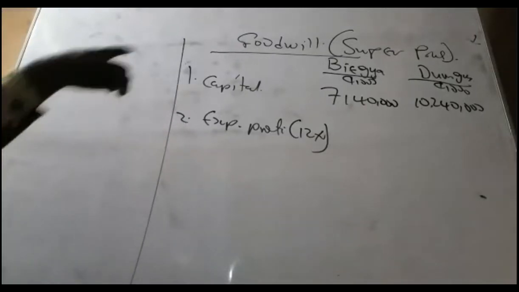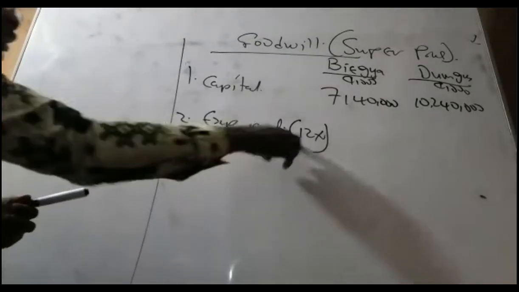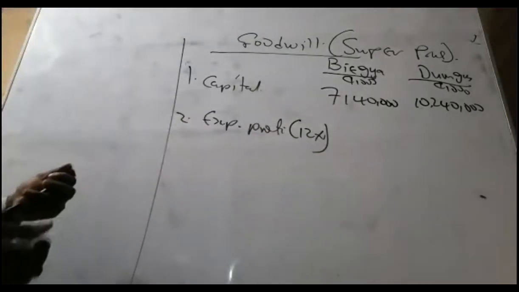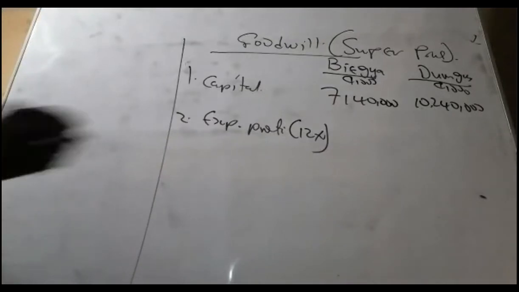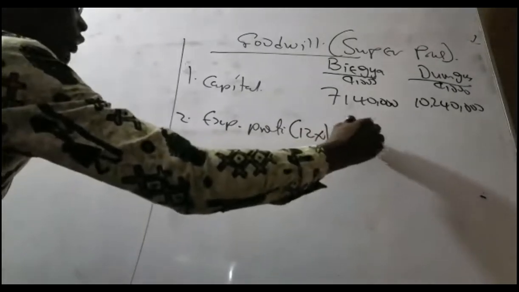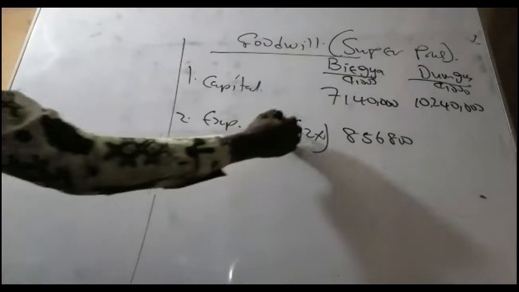You multiply the 12% by the 7140, and that will give us something like 856. So 856,800. How do you get the 856? 12% on the capital employed.